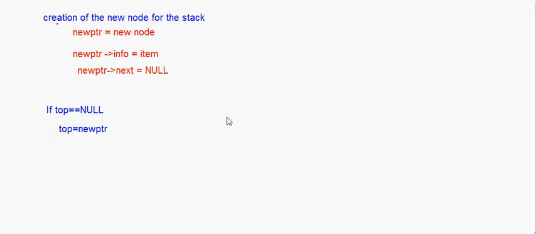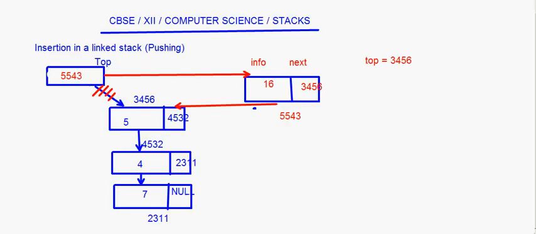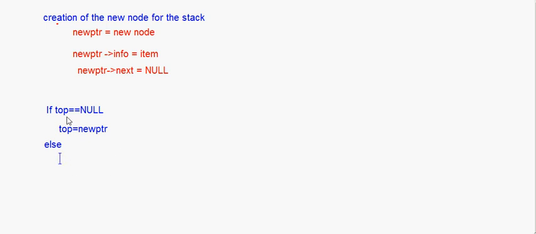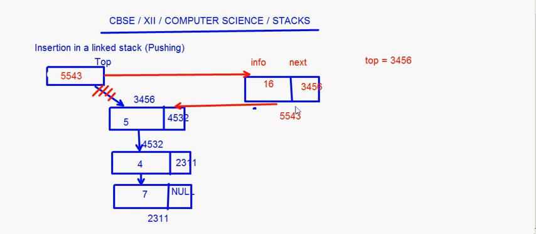If top is not equal to null, that is, we already have some nodes in the list, as in the case we had taken up, then we come to the else part and we say new PTR link, or next, here I have taken it as next, is equal to top. So whatever new node we created, the new node 5543, that 5543 we had put in top.